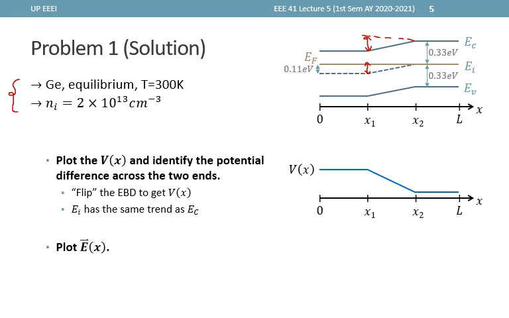So from the drawing, we can say that Ei has increased by 0.11 electron volts, and therefore since we flipped the plot, then the voltage must decrease by 0.11 volts.